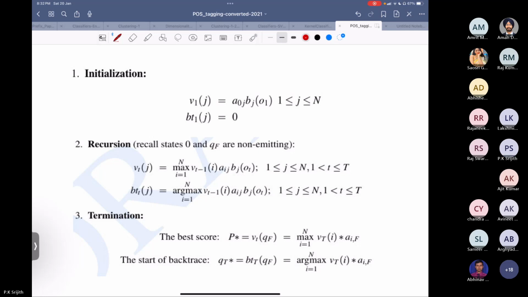Not really. See, you use log for doing the maximum likelihood estimation, right? You don't use log in doing inference.